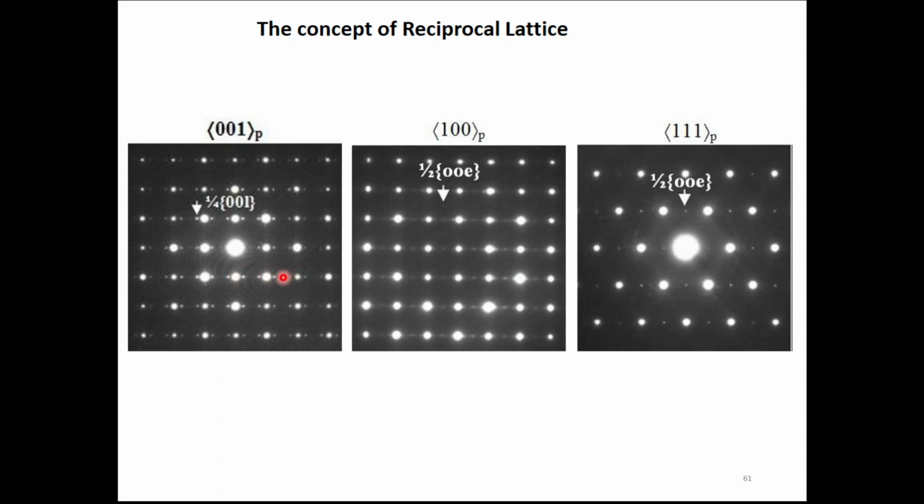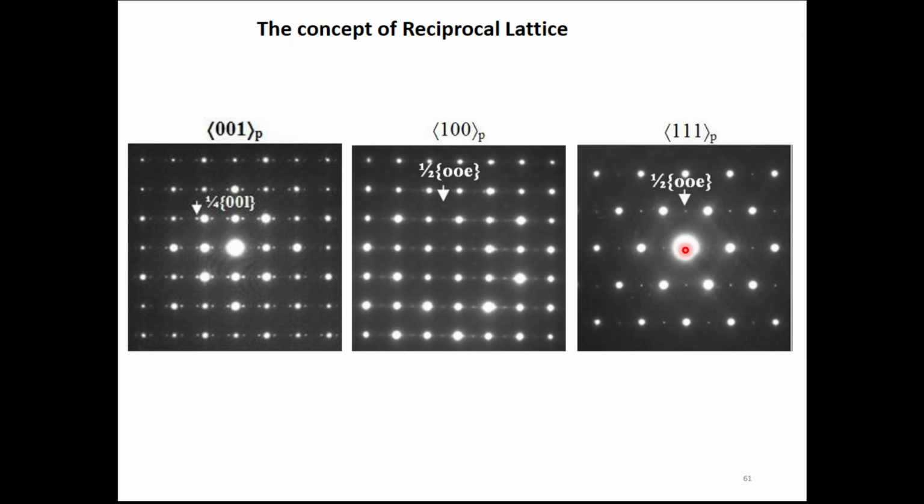Okay, and the most intense and bright spot is in the center. This is the direct passage of the beam, the electron beam that has passed directly through the crystal undiffracted. By directly I mean undiffracted. Okay, so we can see a similar spot in here.